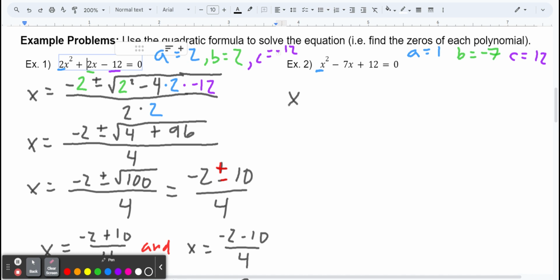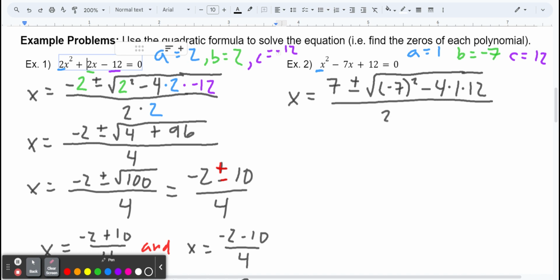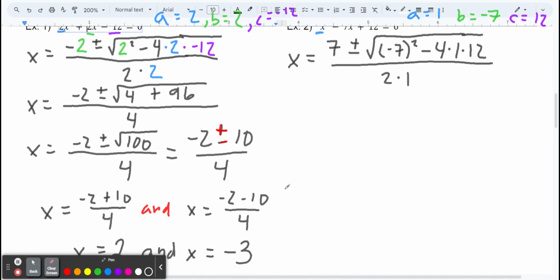We get x equals negative b, is a negative 7, so it's going to be a positive 7 there, plus or minus the square root of b squared, negative 7 squared, minus 4 times a, which is 1, times c, which is 12, all over 2 times 1. So just taking a, b, and c, plugging it into our quadratic formula. Then we just start evaluating.